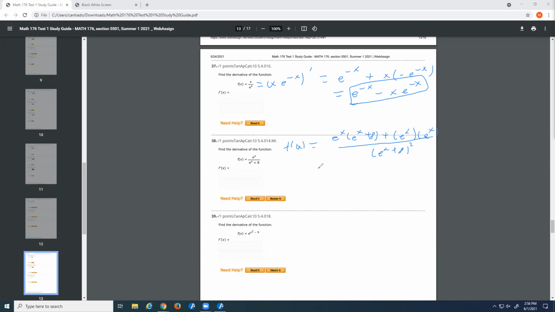All right, and then multiplying this out, we get e to the 2x plus 8 times e to the x minus e to the 2x, all divided by e to the x plus 8 all squared. And then in the numerator, that simplifies to 2 e to the 2x plus 8 e to the x, all divided by e to the x plus 8 all squared. And I think that's enough simplification for that one.